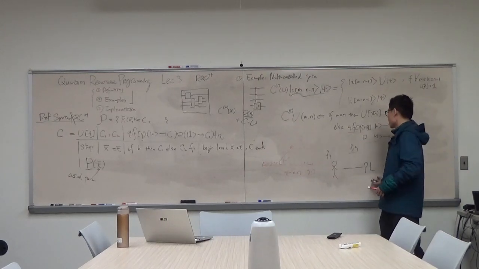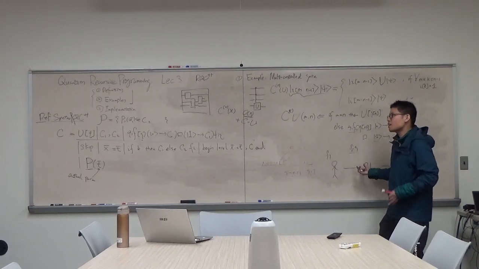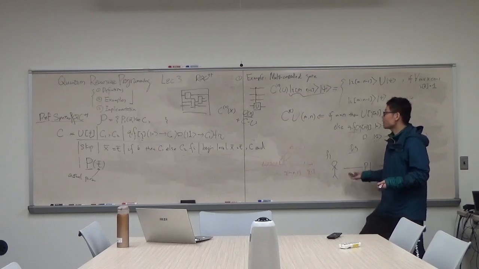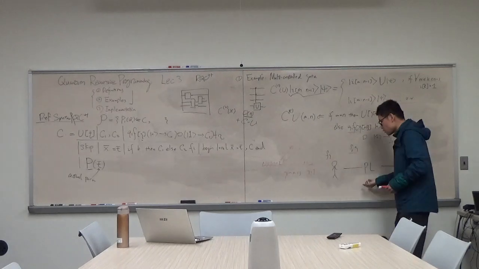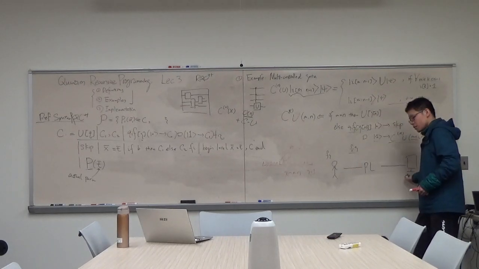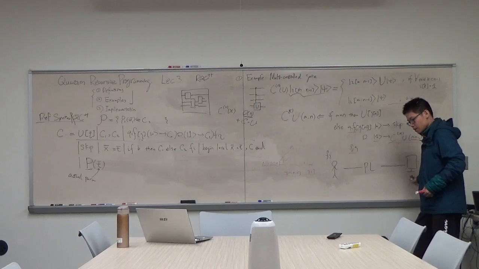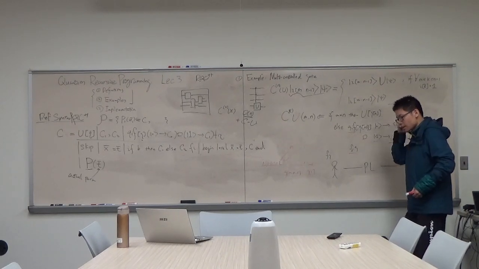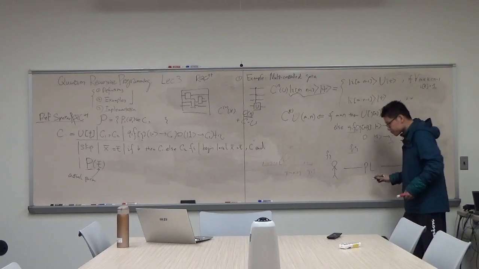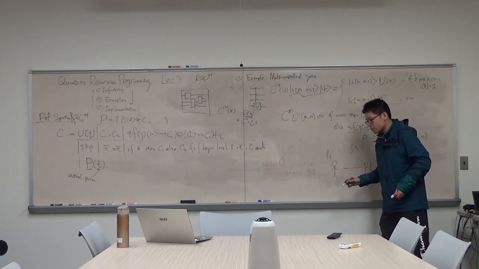For example, you might have some circuit-level language that has such syntax, and then you compile it into some assembly code, elementary quantum gates. So yeah, that's a good way to think about it.